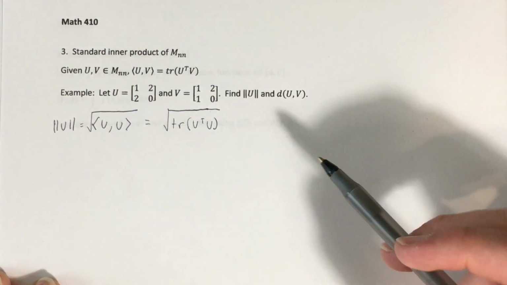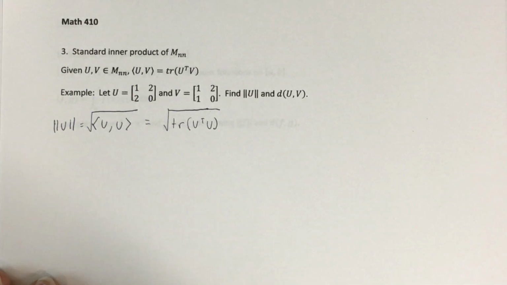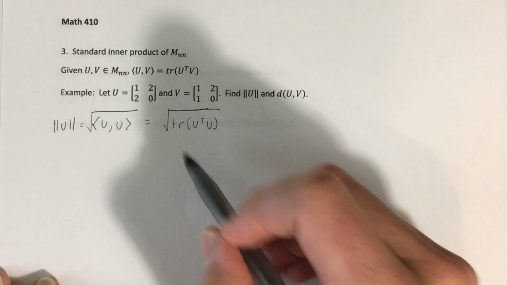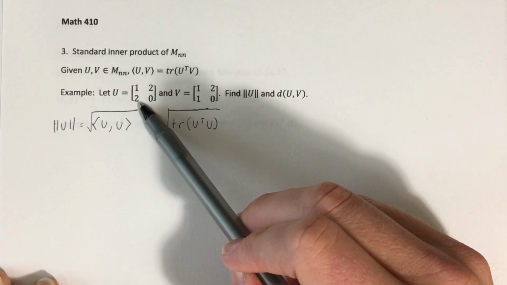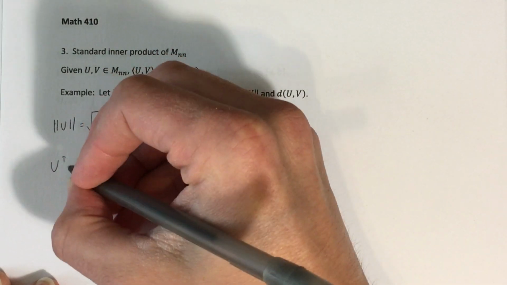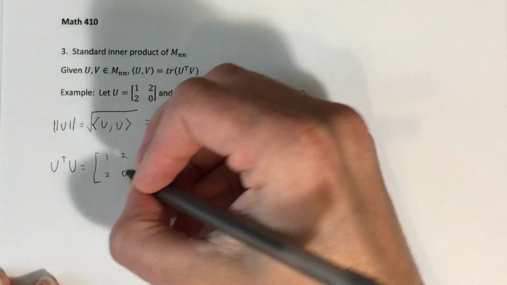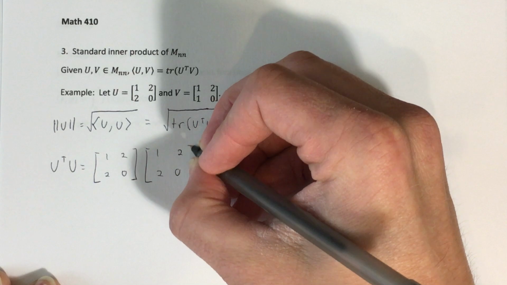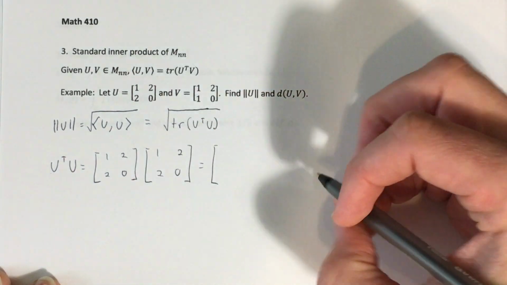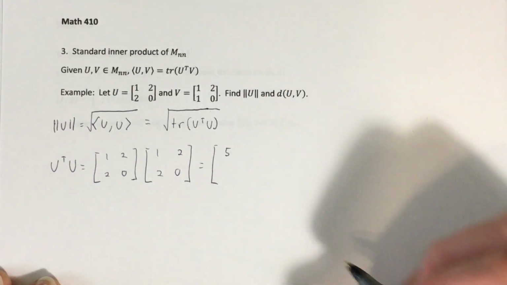Okay, so what I'm going to do is evaluate U transpose times U and then take its trace so that I can evaluate this. Now, if you notice, the matrix U is symmetric in this case, which means it's equal to its own transpose. So U transpose U just looks like this: 1, 2, 2, 0, times 1, 2, 2, 0. This will produce a 2 by 2 matrix. So that's 1 plus 4, which is 5.